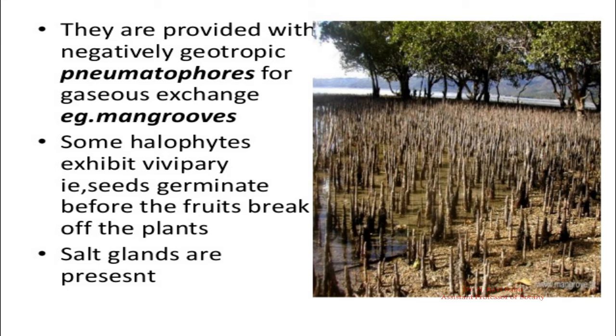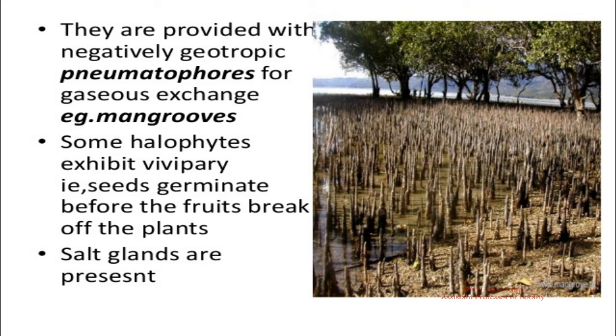So friends, while dealing with hydrophytes, we came across aerenchyma. Aerenchyma is a kind of parenchyma which carries a number of air chambers that helps the plant in giving buoyancy.